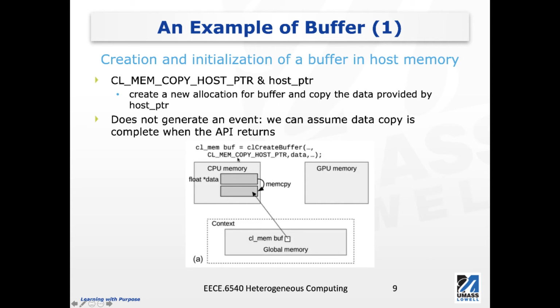Because we have the CL_MEM_COPY_HOST_PTR flag, what the OpenCL runtime does is allocate a space that in fact resides in the CPU memory, the host memory. And because we supplied the pointer data, this API call copies the data from the space pointed to by data to the memory buffer just created. So we can see that we implicitly have a memory copy operation that fills this new buffer with the data.